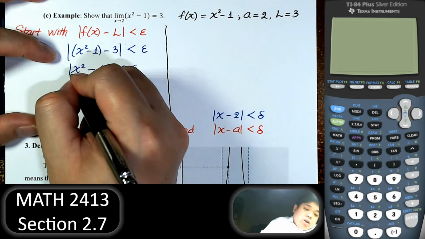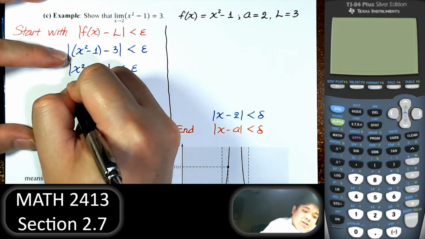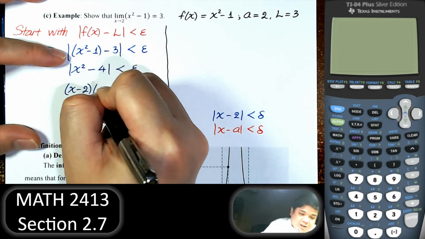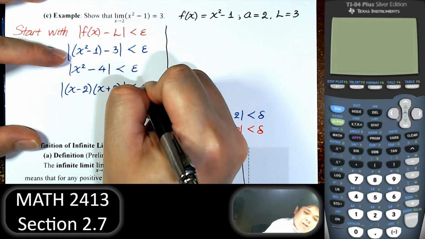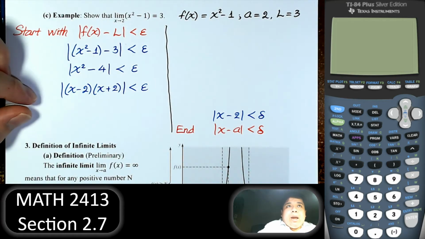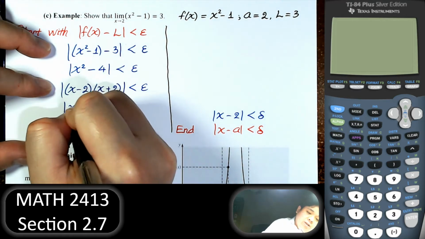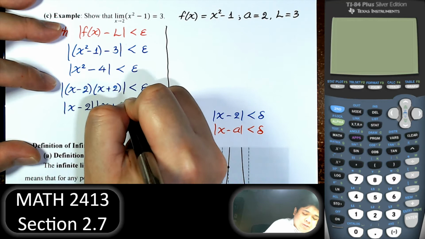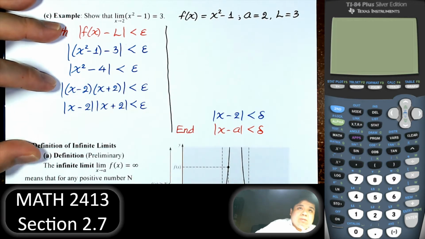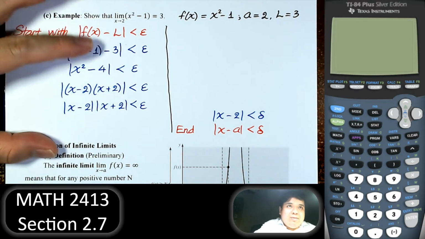Then we say x squared minus 4 can be factored, right? That's good. And then just like last time, we can split the absolute values. And if we want x minus 2, why don't we just divide that?